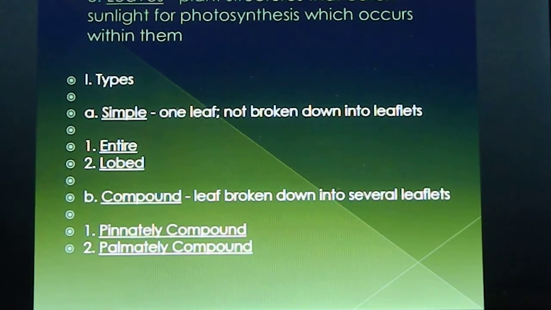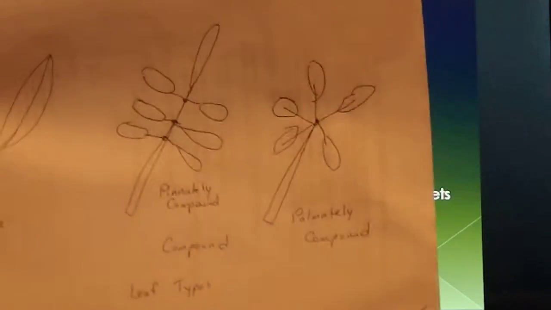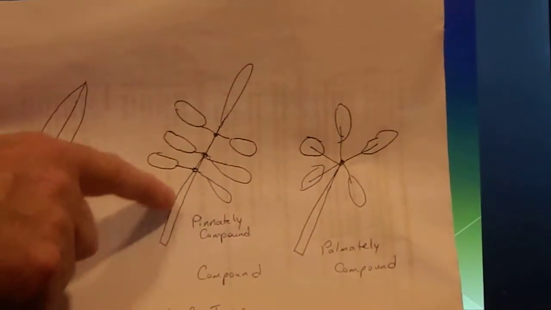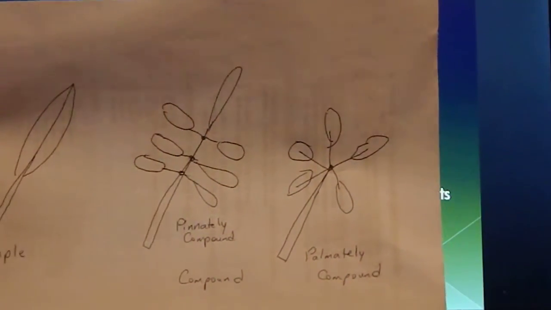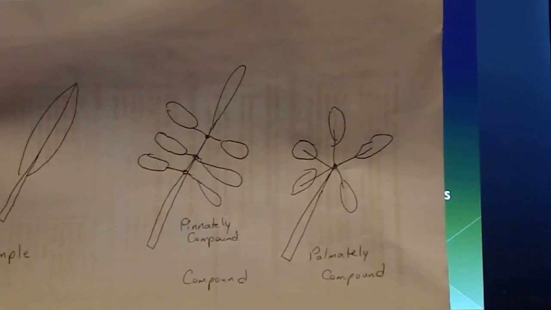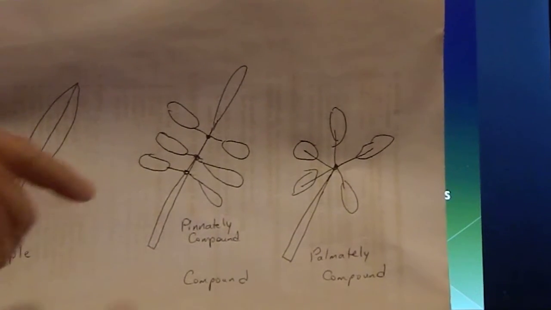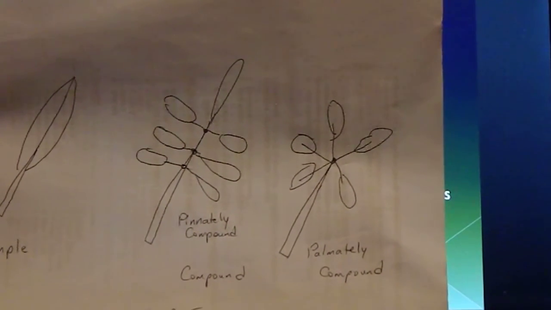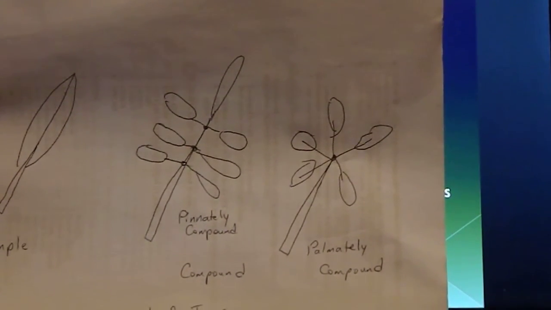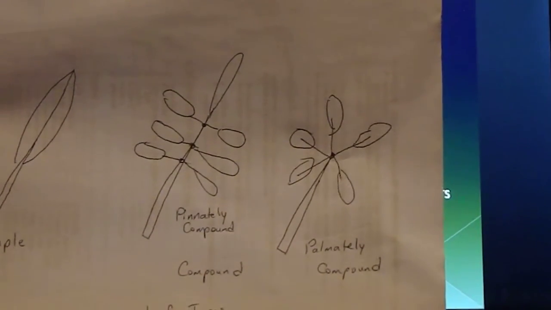There's pinnately compound, and that is where you have a leaf that's broken into several major areas of connection for the leaflets. So there's 3 connections for the leaflets to occur in this particular pinnately compound leaf.